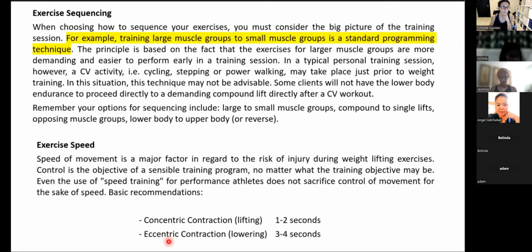Okay. Right. So, exercise sequence. When choosing how to sequence your exercise, you have to consider the big picture of the training session.